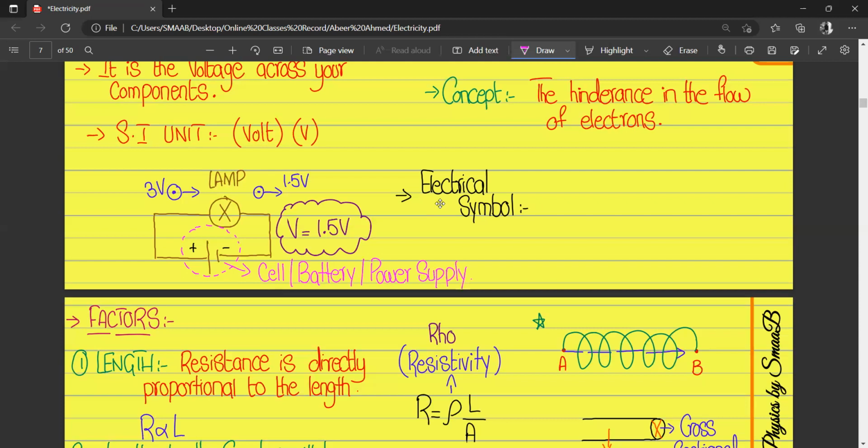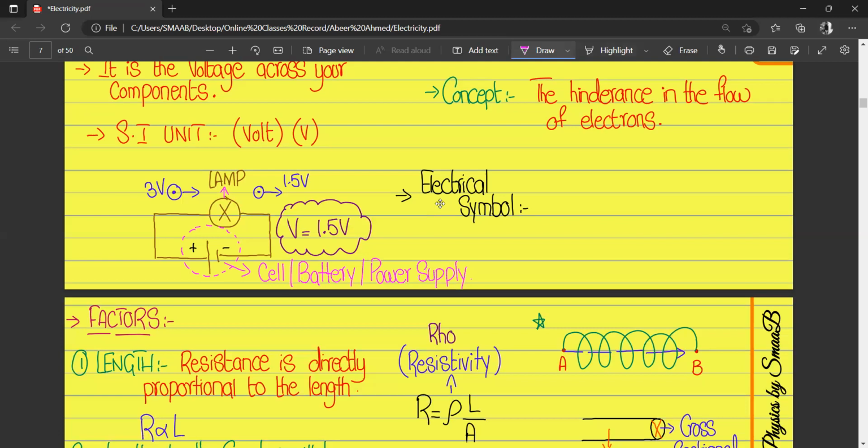So this plus minus represents cell, battery or power supply, right? And I already drew a diagram for lamp over here, because when we start the chapter of electrical circuits, then we will study each and every symbol again. But in this chapter, at least we need to know the symbols of those components which we studied in this chapter, right?